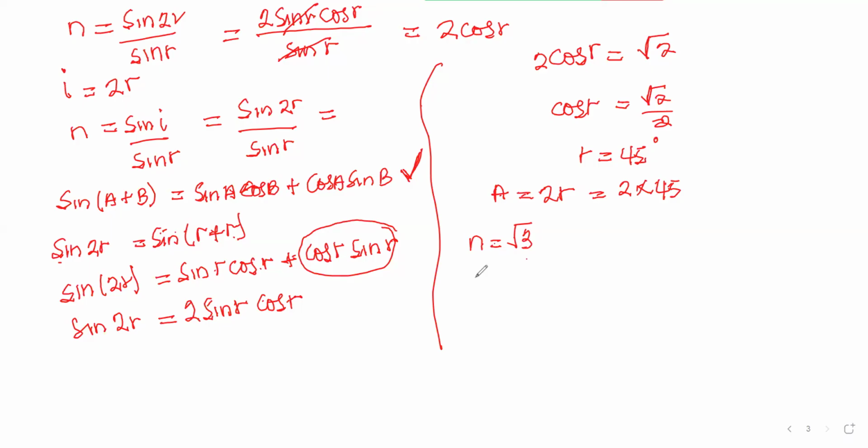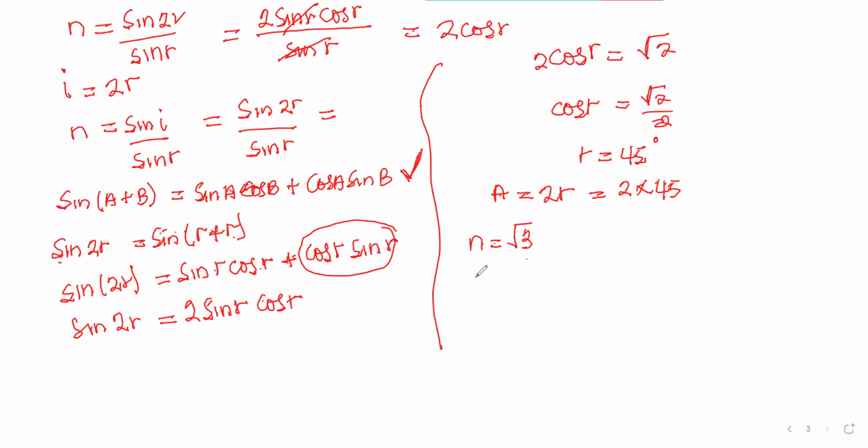Full stop. Let me go over. The angle of minimum deviation for a glass prism with refractive index equal to √3 equals the refraction angle of the prism.